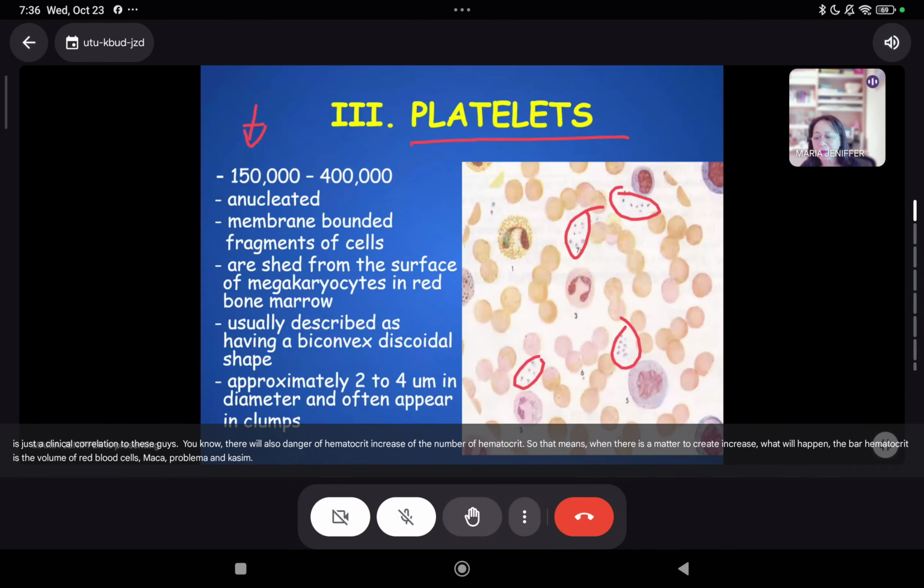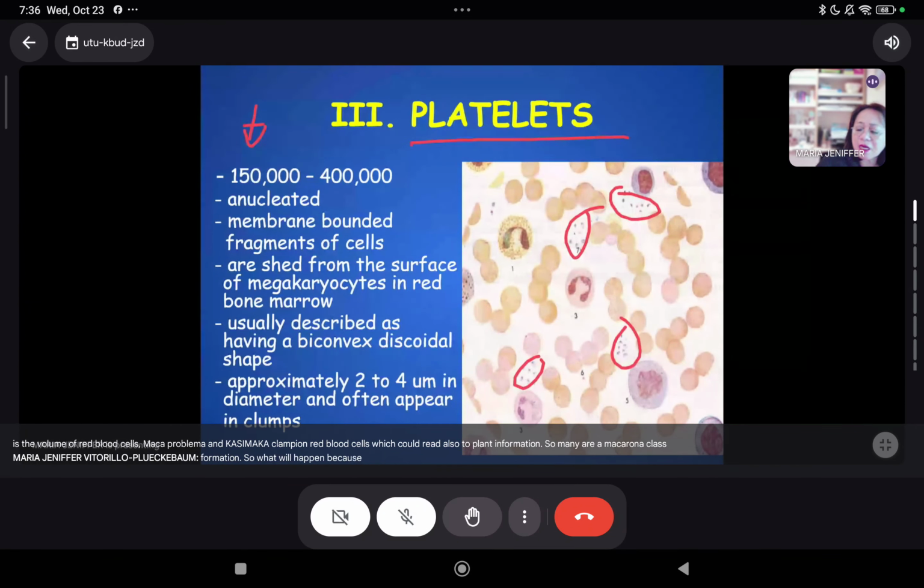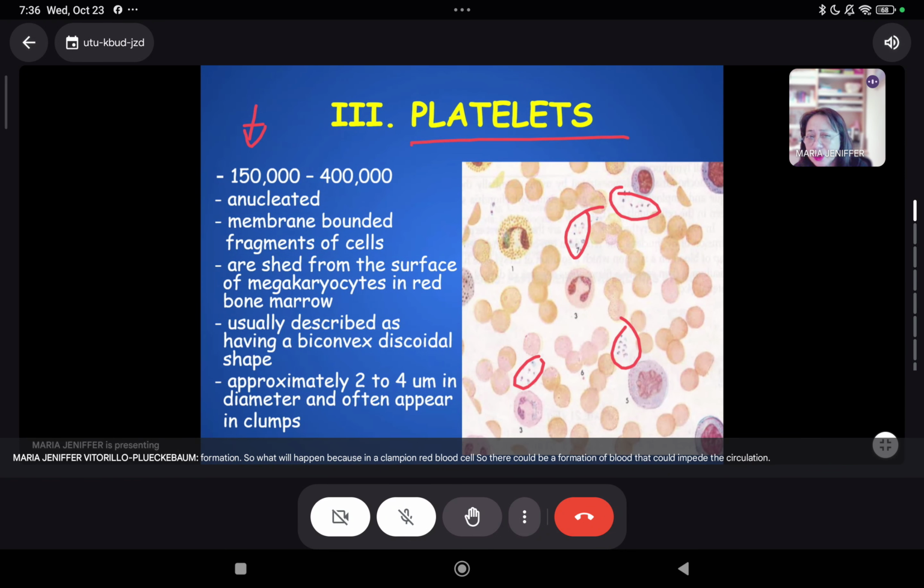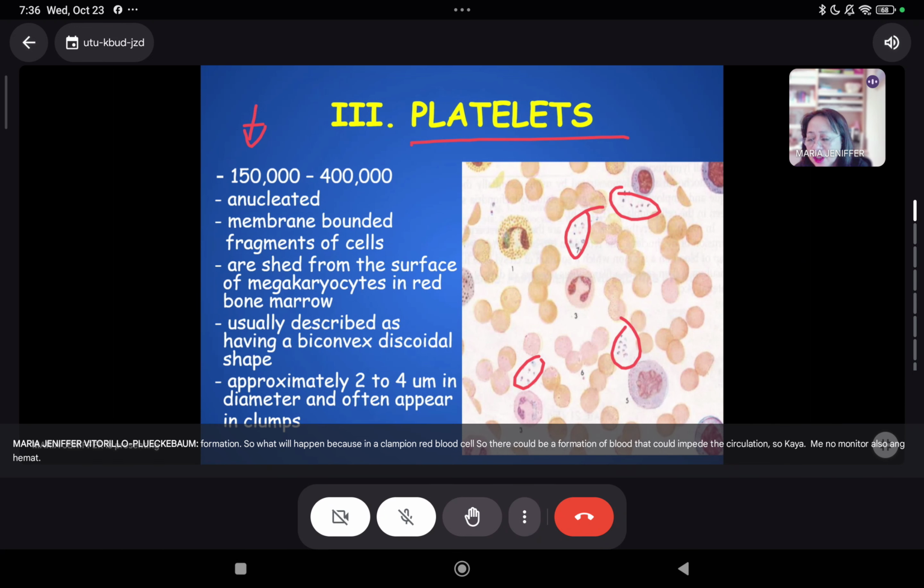Magkakaproblema yan kasi magka-clump-clump yung mga red blood cells, which could lead also to clot formation that could impede the circulation. So kaya minomonitor also ang hematocrit, especially when there is dengue.